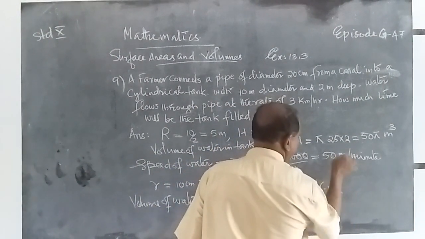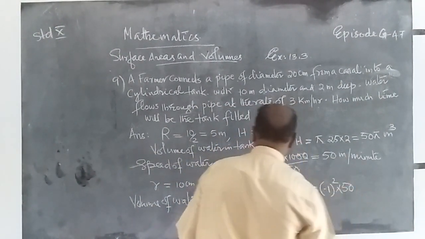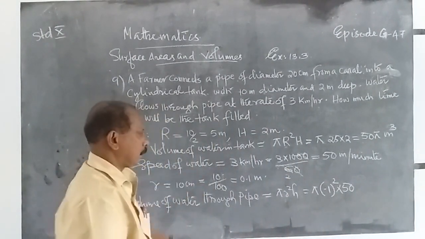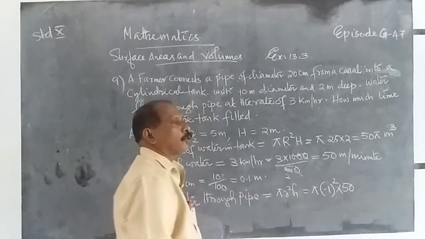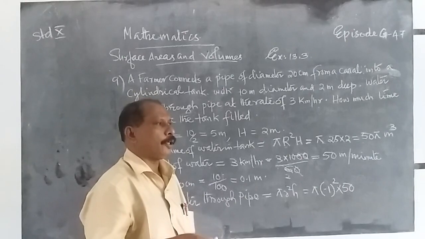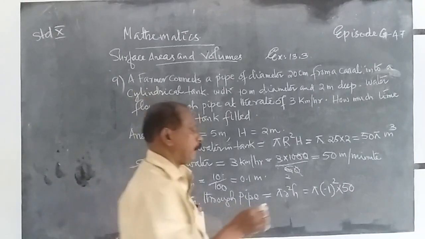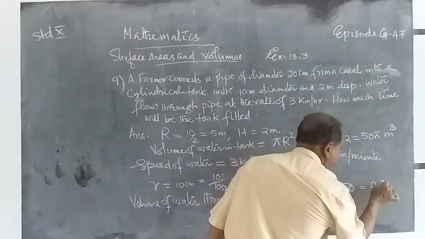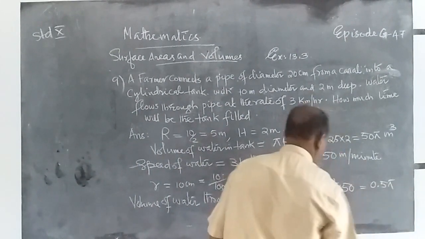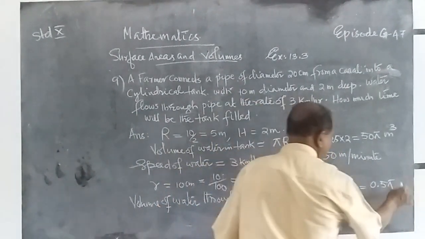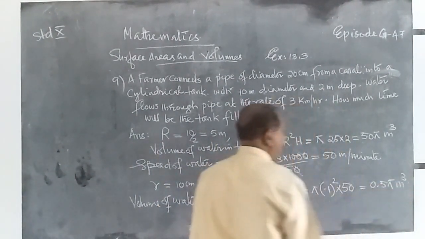H is given as 50, the speed of water through the pipe. 0.1 square means 0.1 into 0.1 is 0.01, into 50 is 0.5. That is equal to 0.5 pi meter cube.